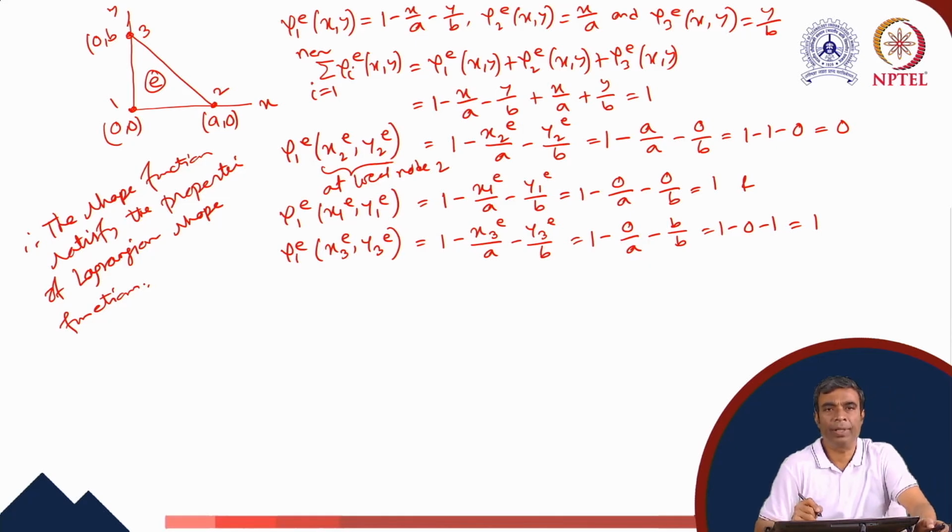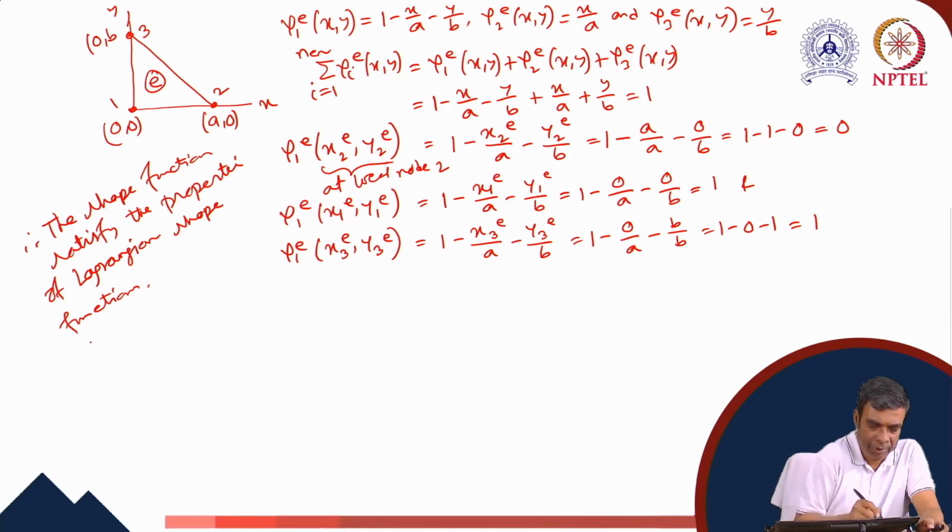Now, for the regular triangular elements of linear type, we can similarly calculate psi 1e, psi 2e, and psi 3e. I am showing some pictures of the conventional triangular elements that have a right angle and edges parallel to the Cartesian coordinate axis. I suggest that you calculate psi 1e, psi 2e, and psi 3e for such elements.